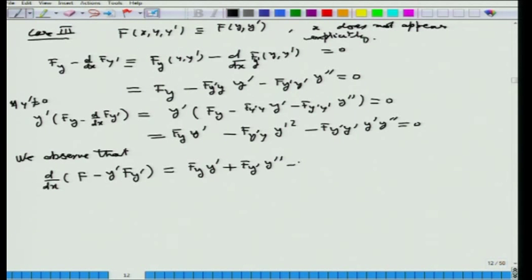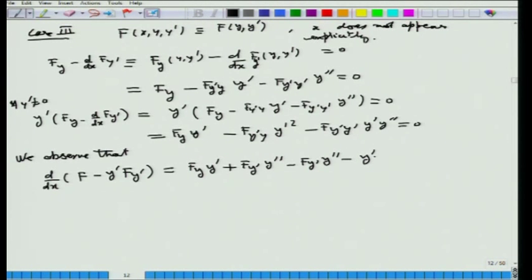So we get f_y prime and then y double prime. Here we have differentiated, and then minus y prime and the derivative of f_y prime with respect to x totally.